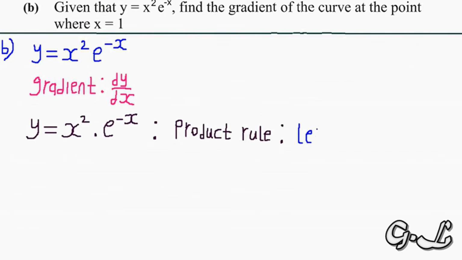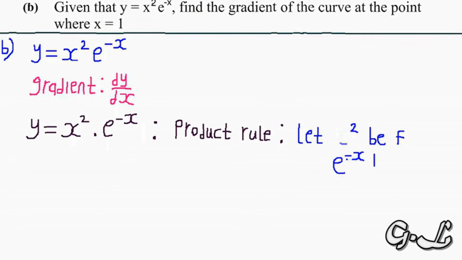And then what are we going to do after you consider this one as the product rule? We're going to say let x squared, in such a case the first one, be f.